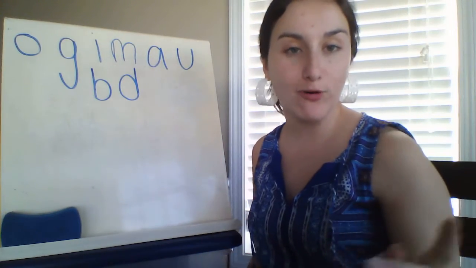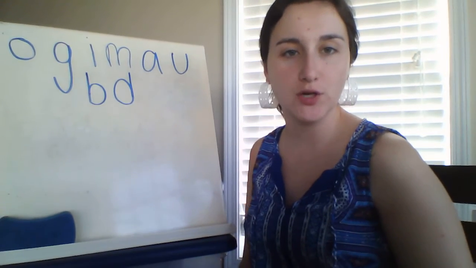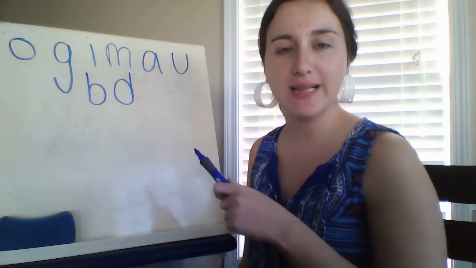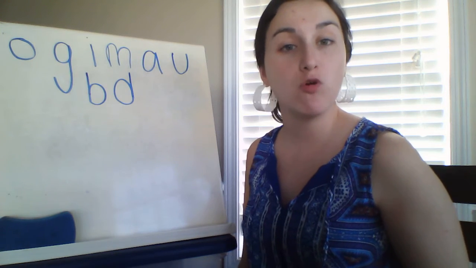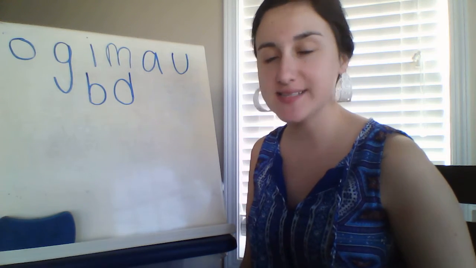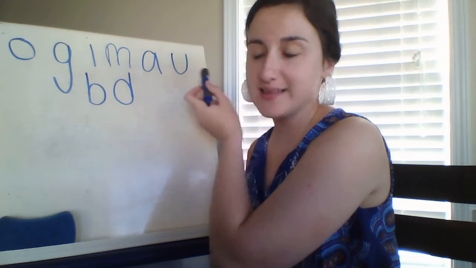If you are practicing this at home or dictating sounds to your learner, after the learner writes the letters that make the sounds, you would want to have them practice reading or making those letter sounds. So you would want to walk back through it.